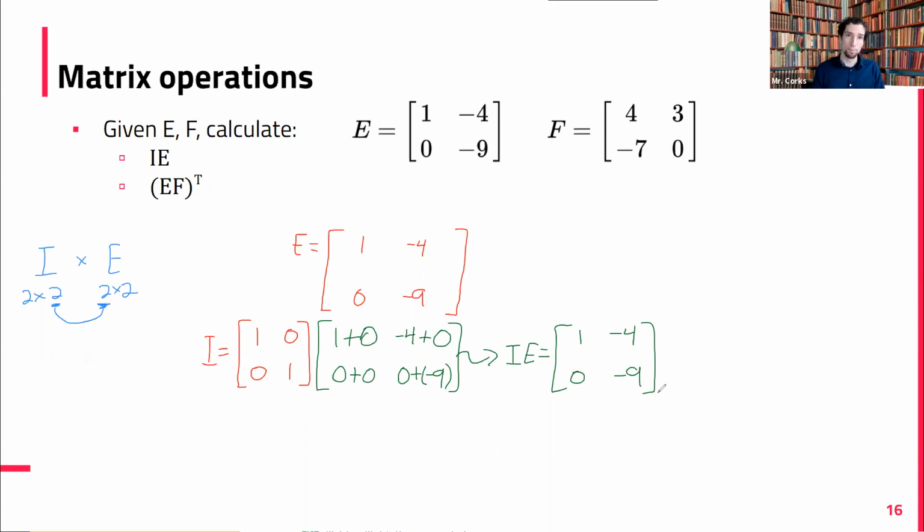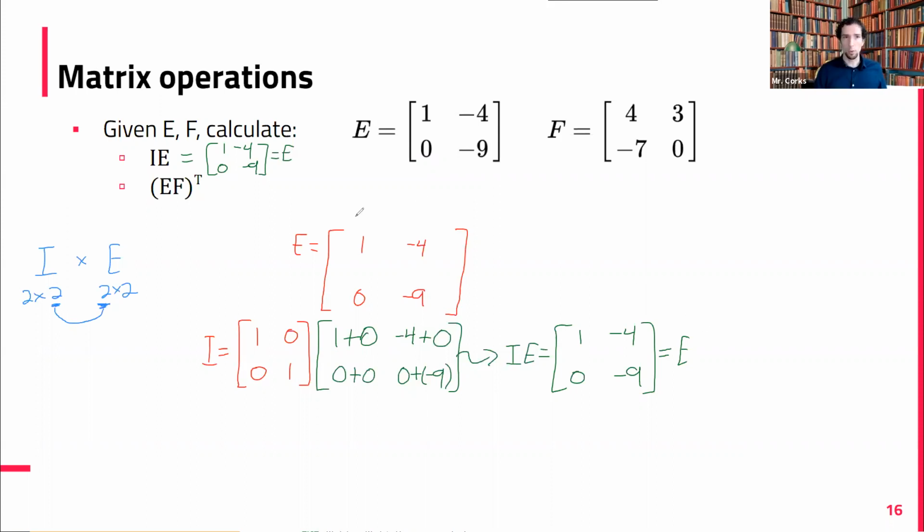Okay, so that's a special property of the identity matrix. Identity matrix times anything will give you just that same matrix back. So it doesn't actually change the matrix that's going in. So 1, -4, 0, -9, which is also equal to E.